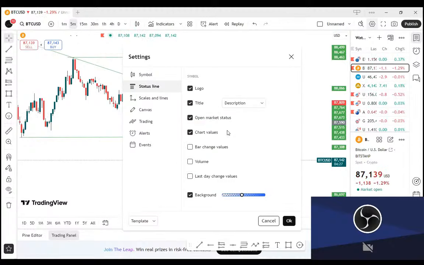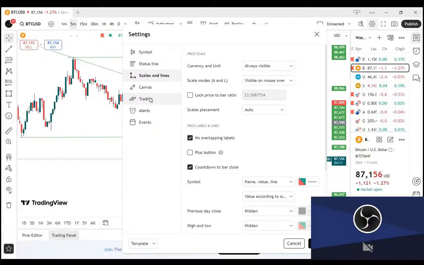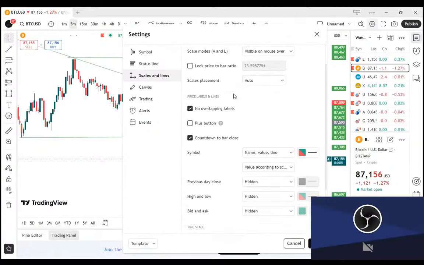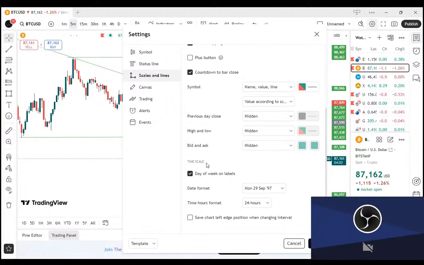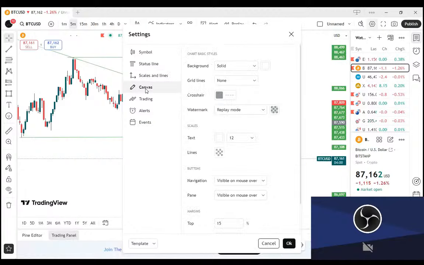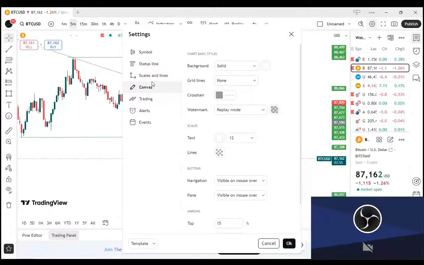Settings, title, symbols, current market, always visible.